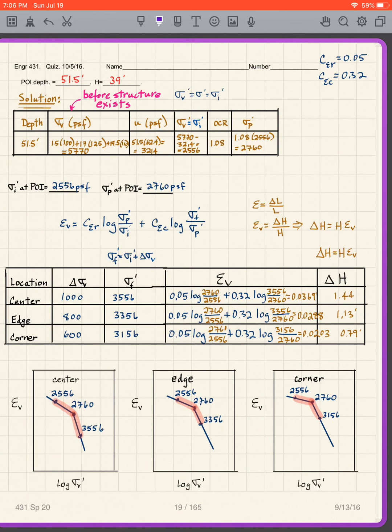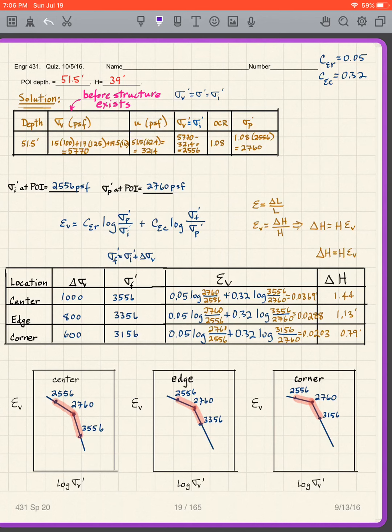So I've got 15 feet of silt, 17 feet of gravel, and 19.5 feet of clay. I add those up, I get 5770. The water table's at the surface, so it's going to be 51.5 times 62.4 for the pore pressure.